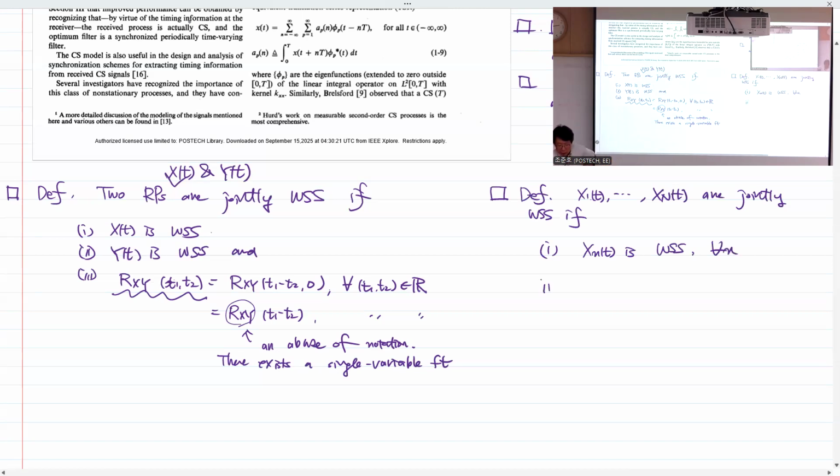And second, wide sense usually means that you use up to what? Up to the second order moment, which means that you don't consider some triple correlation, right? And I don't know even how to define that. Okay. It's not an emergency. So here it goes. X1, sorry. Yeah, X1, X2. A second.